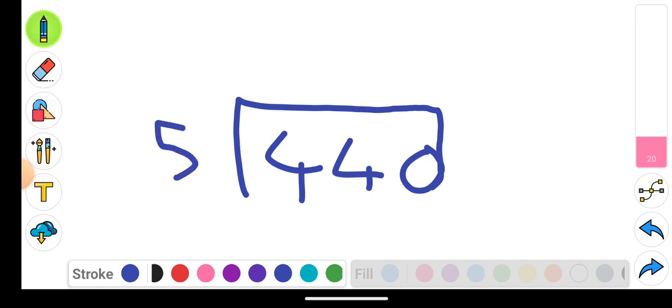What you have to do here is 5 divided by 4, which you can't do because 5 is bigger than 4. If 4 was a number bigger than 5, then you could divide.